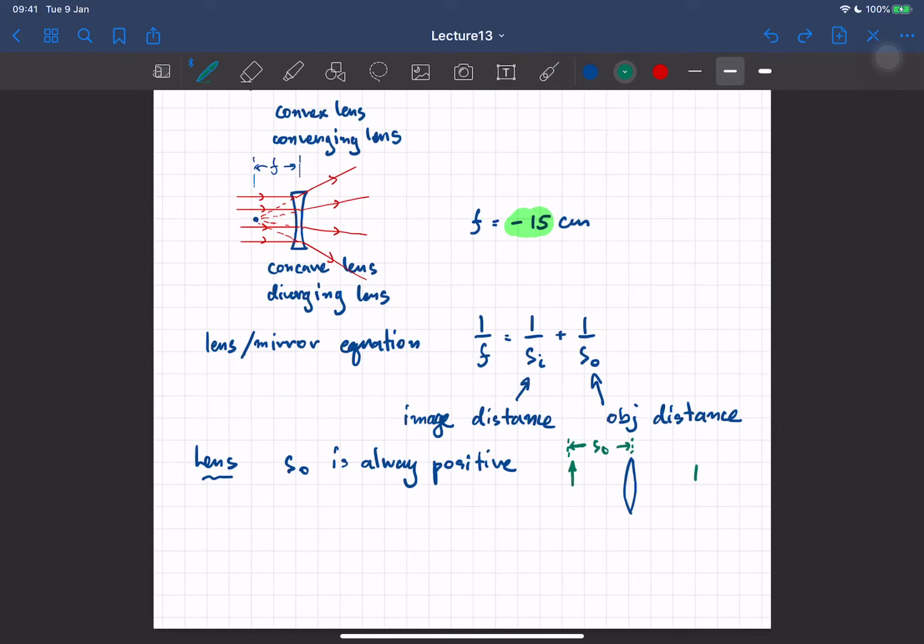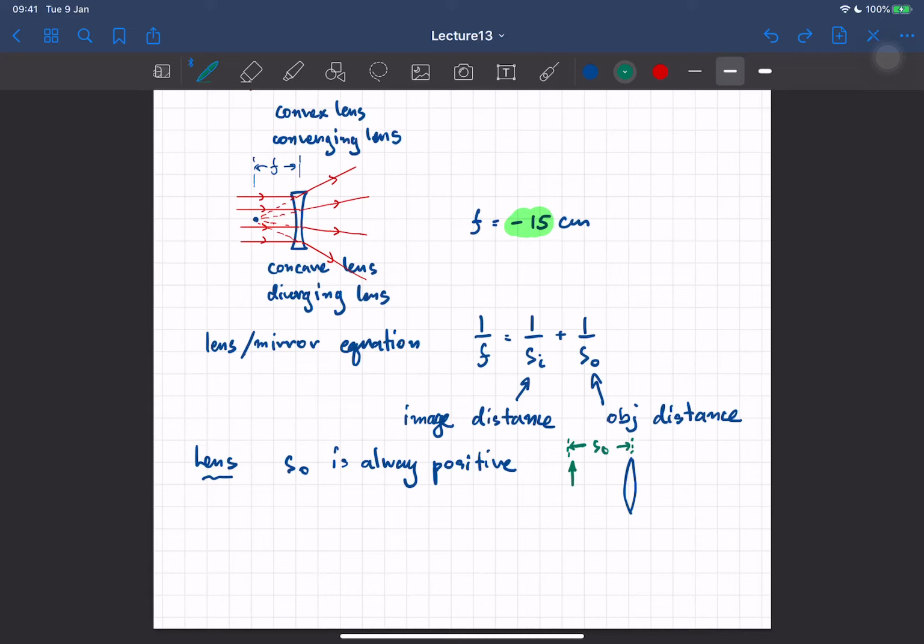So once you fix this, you can use this equation to solve for SI, the image distance. Depending on the value of SO and also the type of the lens, which is the value of F, the focal length, you can have either positive or negative SI from solving this equation.